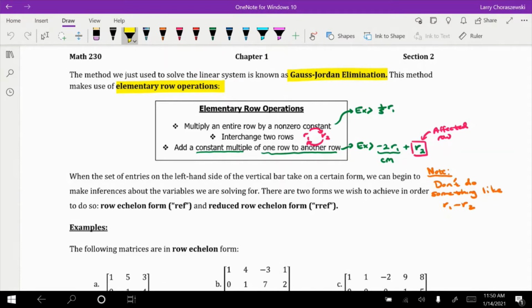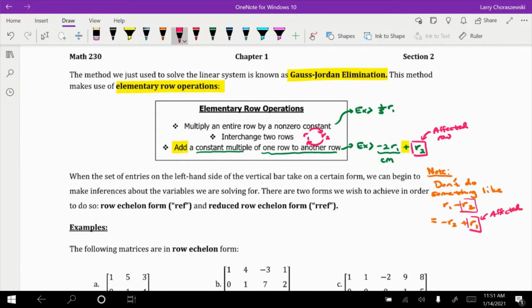And when he says add a constant multiple of one row to another, he really means the add part of it. We want to keep the operation as addition versus subtraction, because if you do R1 minus R2, you might think that this is the affected row, but it's not, because you could rewrite this as negative R2 plus R1, in which case, based on our definition of row operations, this should be the affected row.